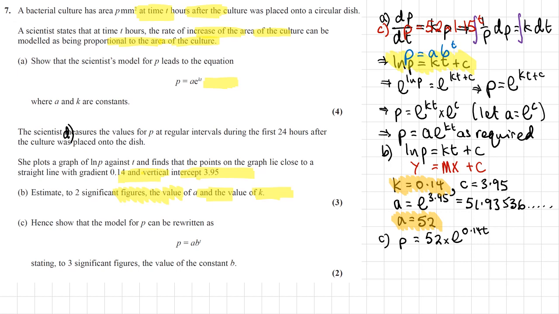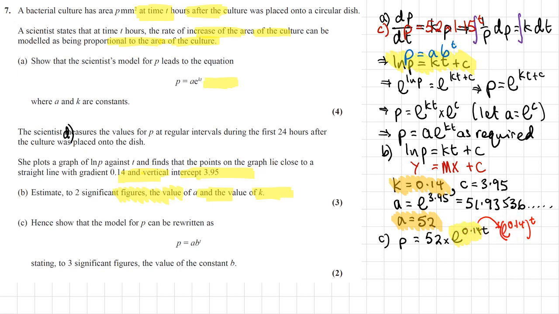And then from this, I need to find the value of the constant B. The constant B matches up with the e to the power of 0.14, because you can write this as e to the power of 0.14 to the power of t, because you'd multiply those powers, which is what we've got here, multiplying powers.